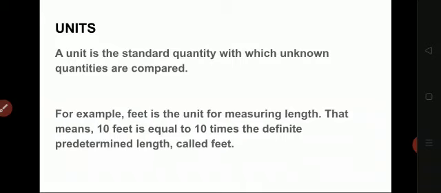But if I say I drive a car at 40 kilometer per hour, which gives a good meaning to the sentence, it means you are able to drive a car 40 kilometers in 1 hour. So that 40 is the unknown quantity to which you are adding a unit, kilometer per hour. That unit is a standard quantity with which unknown quantities are compared.